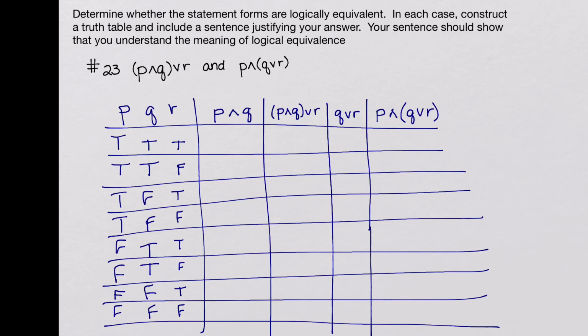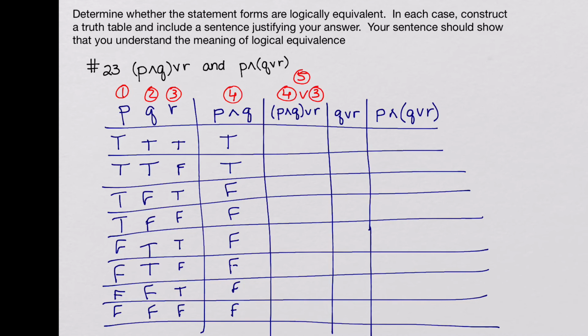So now we're ready to go with P and Q. So P and Q, well, we have true, true, and then false, false, false down the line, just like in the last problem. Now, let's see. So this is columns 1, 2, 3, and 4. So now we're combining 4 with 3, and we're using OR.